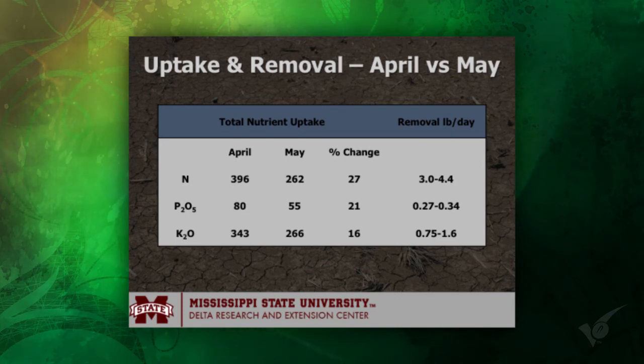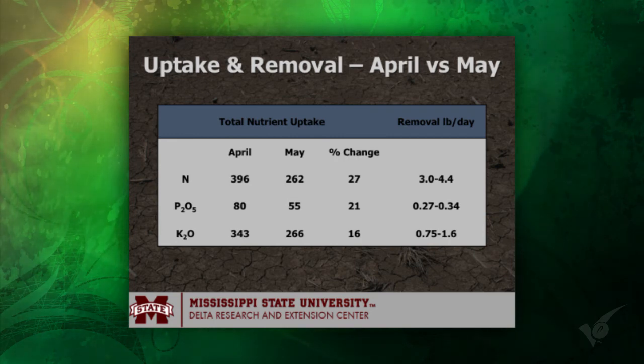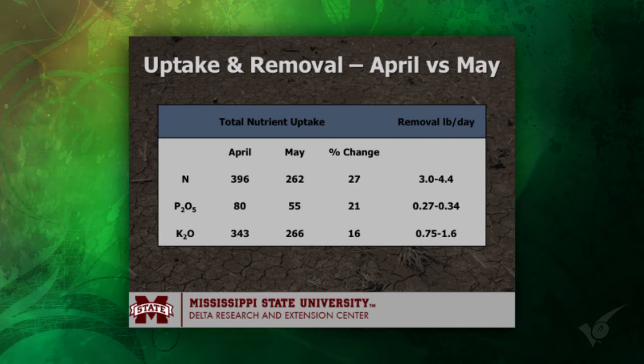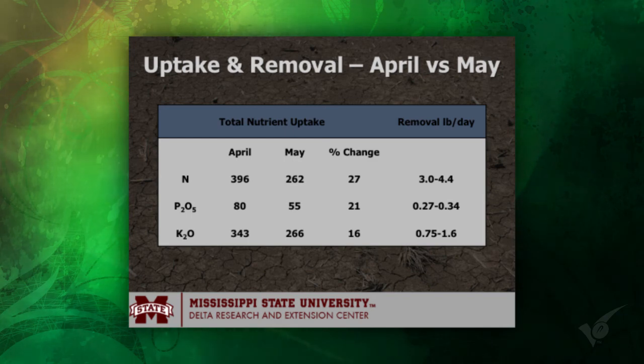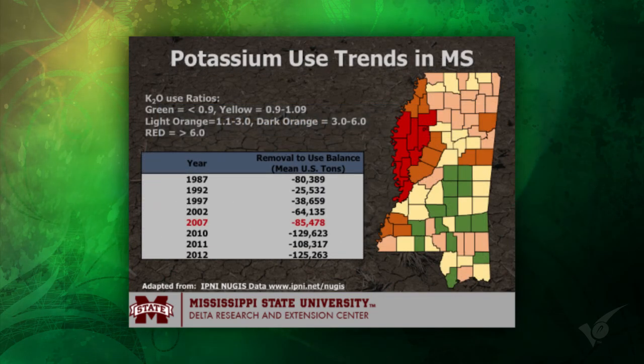If you look at the column on the right, the removal in pounds per day, this starts at reproductive growth, and on average, we were removing 3 to 4.5 pounds of nitrogen per day, a quarter to a third of a pound of P2O5, and 3/4 to 1.6 pounds of K2O per day. Okay, so that's an enormous amount of nutrients we're removing out of the soil into that plant while we're growing that crop.